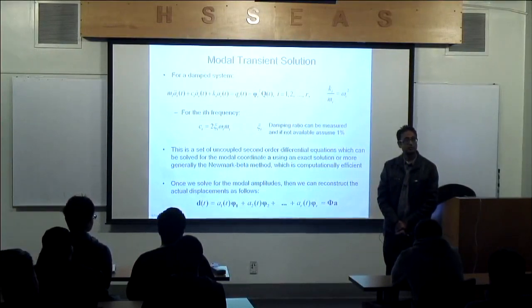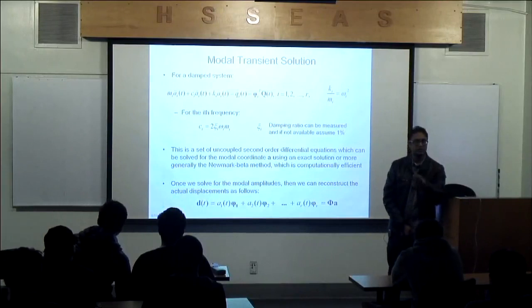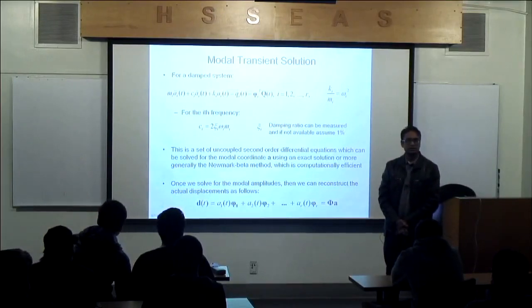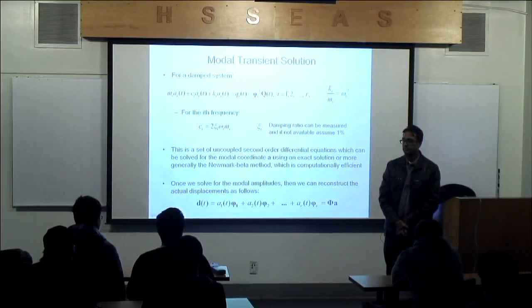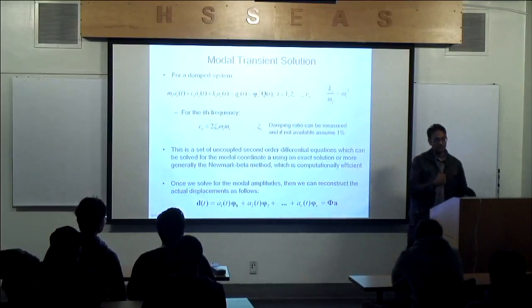With just 10 equations, in this hypothetical example, I'm able to describe the behavior of a million degree of freedom system by tracking the amplitudes that go along these mode shapes. Do you understand the revelation here? Or do you want me to go over it one more time? Okay. You also have the video lectures which you can replay. And if not, you have Leonardo or myself to talk to after the class.